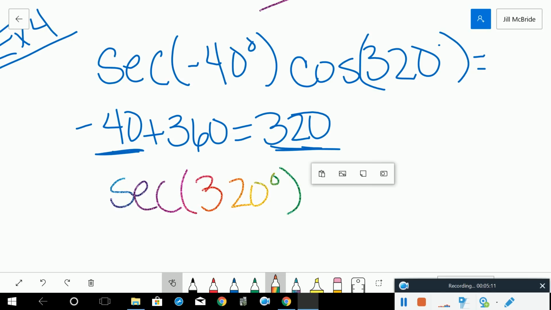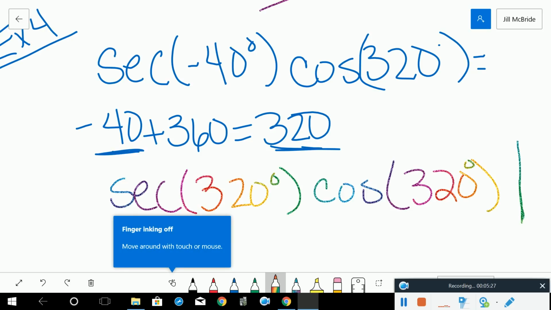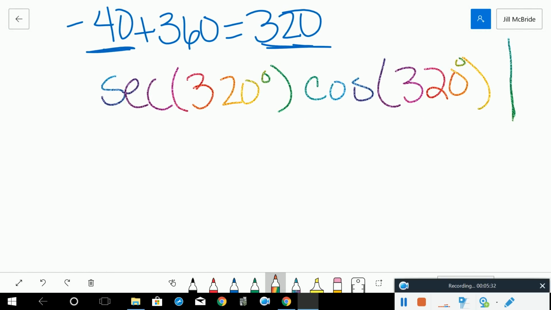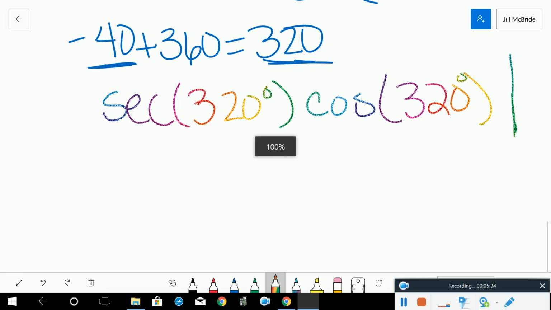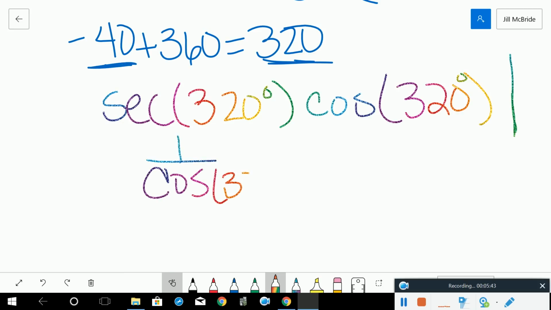Coterminal angles. And once again, we can go through the motions that the secant is the reciprocal of the cosine, so I can replace secant with 1 over cosine 320 times the cosine of 320.